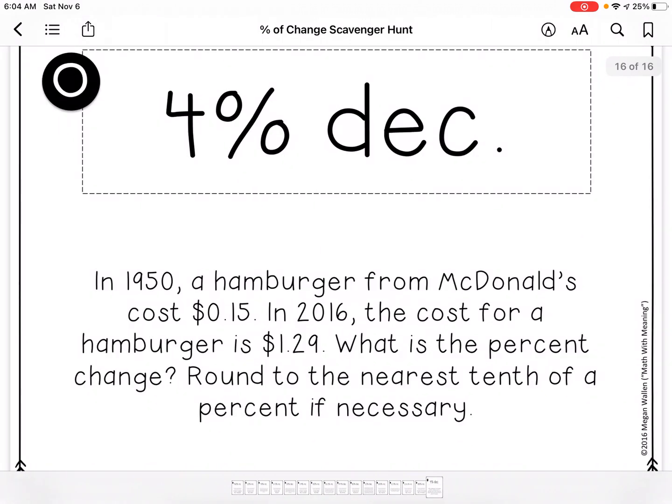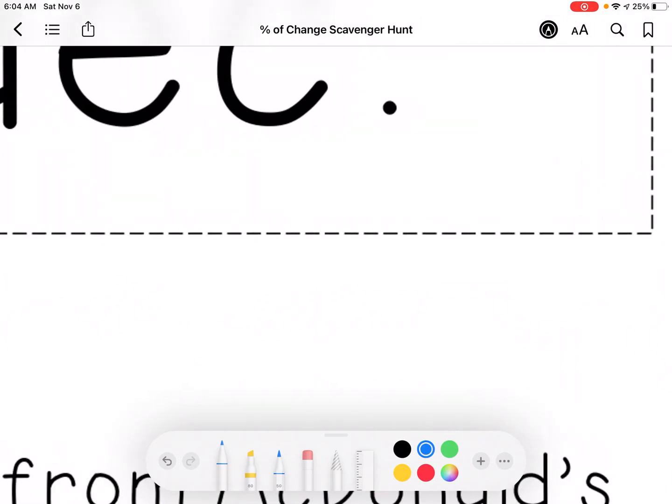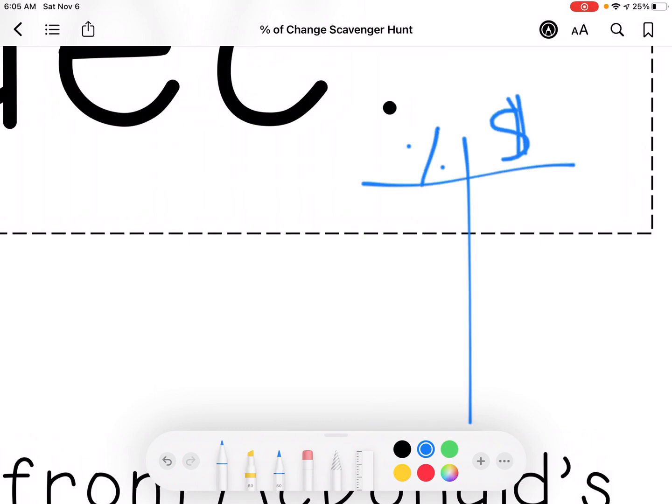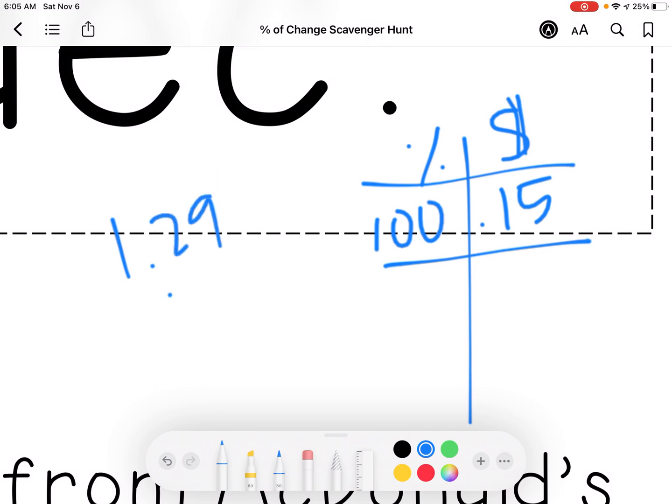Last one, a hamburger from McDonald's cost 15 cents in 1950. Now it costs $1.29. What is the percent of change? So $1.29 minus 15 cents leaves me with $1.14.